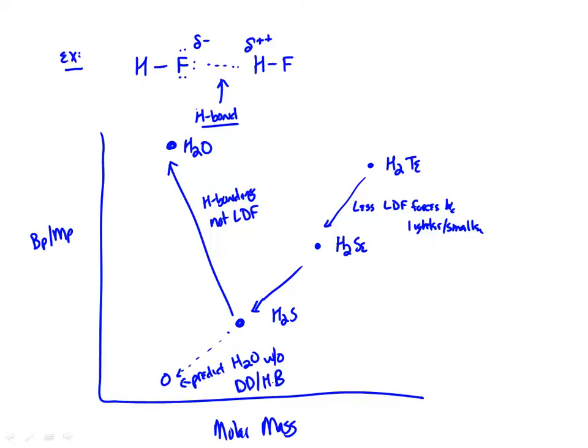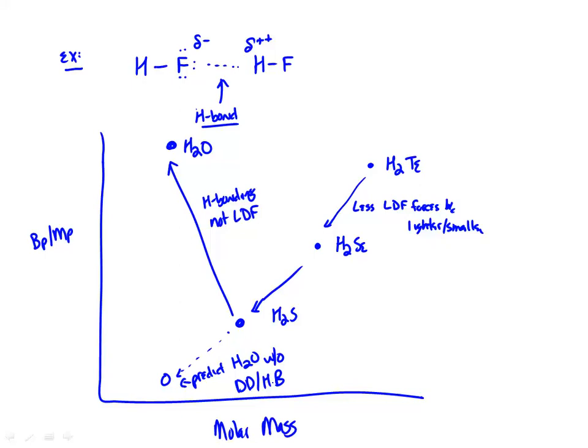The reason water is liquid at room temperature is because of those hydrogen bonds. If there were no hydrogen bonds, water would be a gas at room temperature. And I think life on Earth as we know it wouldn't really work very well. Might happen. I kind of doubt it.